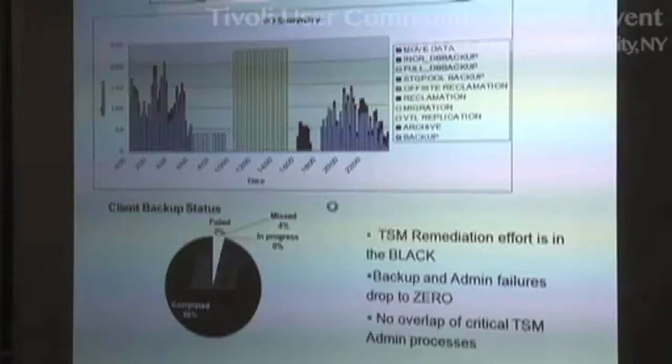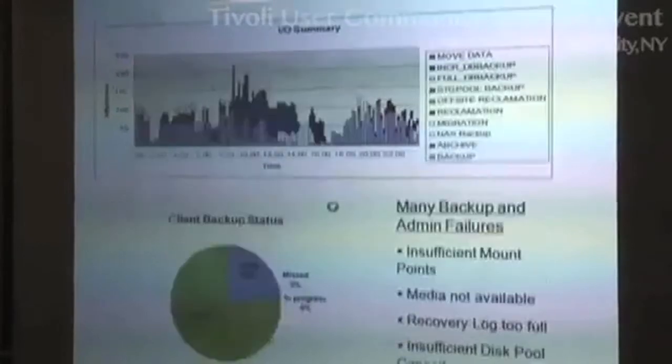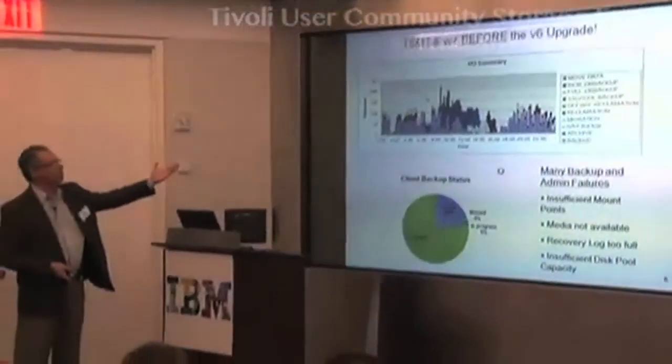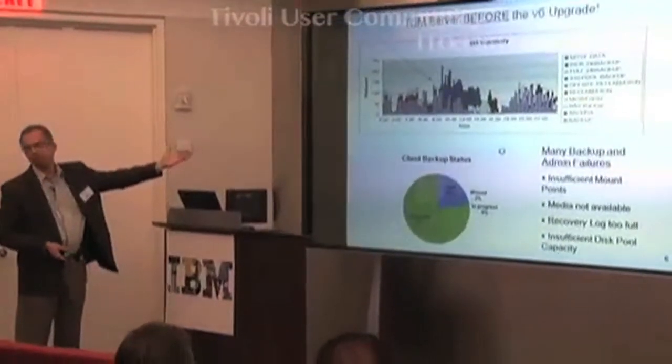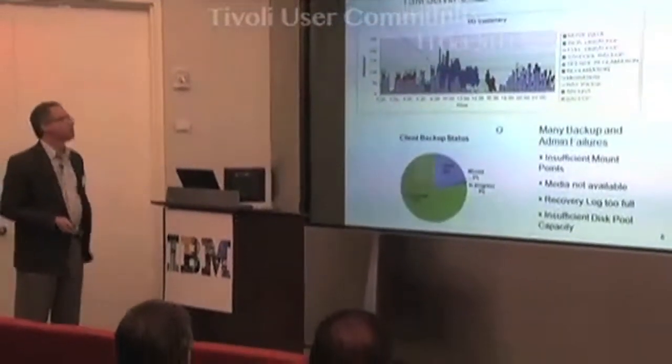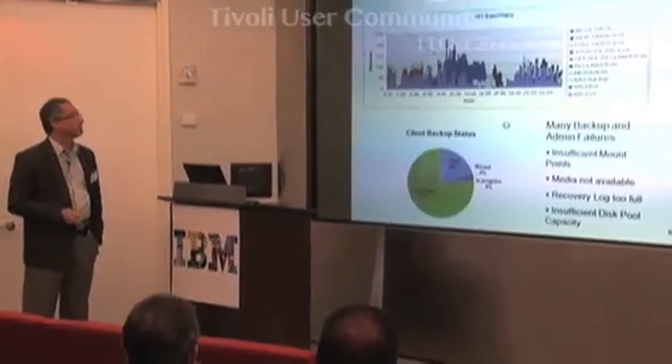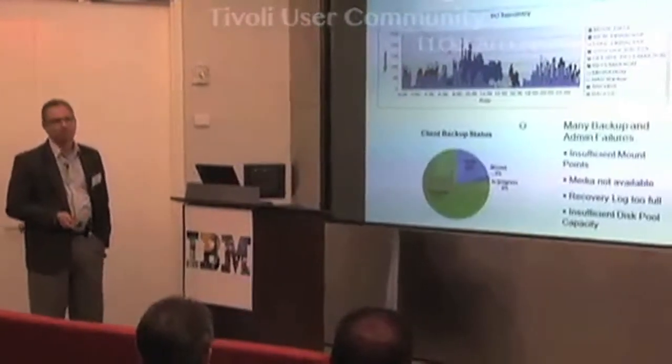And it gets you in the black, right? You go through a remediation effort, and we get to zero failures. Now, have I seen customers with this picture upgrade from 5 to 6 and still look this way? Yes. So that's why you have to look at it holistically, I would say, with the other pieces that are part of the environment.